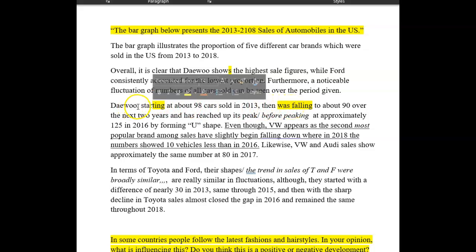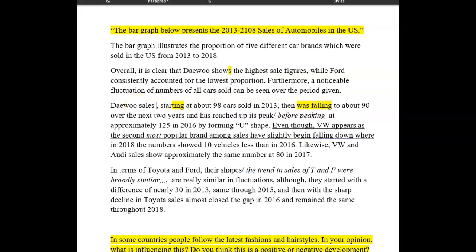Now, Daewoo's sales, because it's not actually the car itself, Daewoo's sales started at this level, then fell to about 90 over the next 2 years. I think you should put here before reaching approximately, before peaking, sorry, approximately there, by forming a U shape.